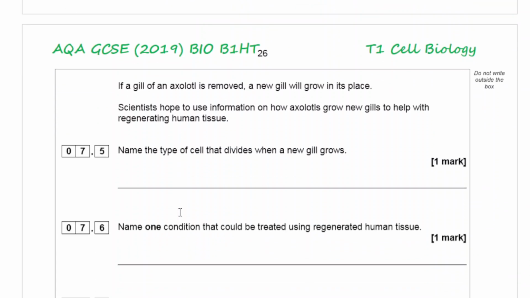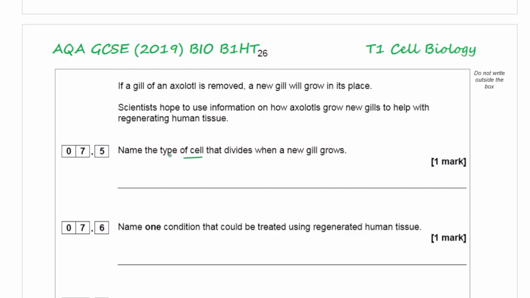If a gill of an axolotl is removed, a new gill will grow in its place. Scientists hope to use information on how axolotl grow new gills to help with regenerating human tissue. Name the type of cell that divides. Name the type of cell, not the cell division.